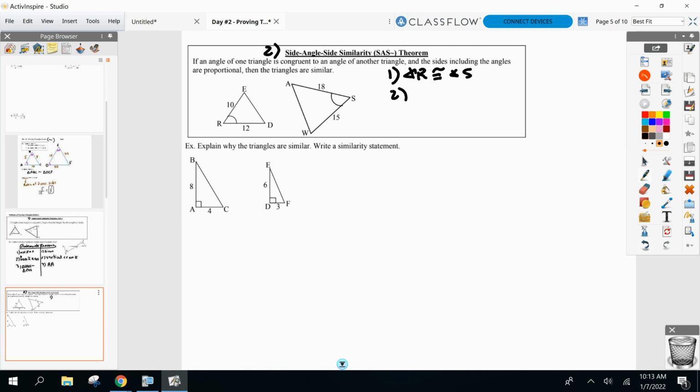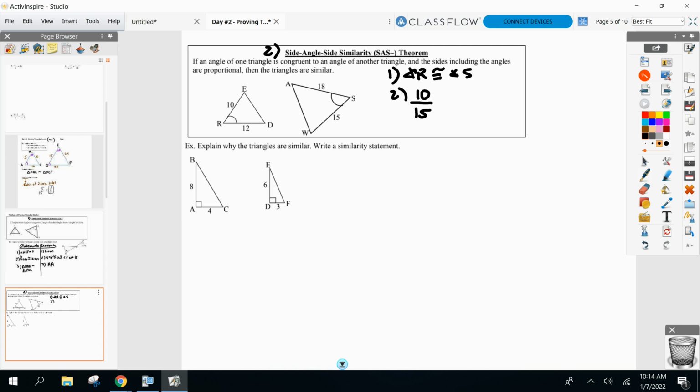But here's the thing. The sides around it aren't congruent. They should be in the same ratio. All right, the sides around won't be congruent. They're in the same ratio. Here's what I mean. Everyone see the 10 in the red triangle? 10 would match up with the 15 in the other side. So that creates a ratio of 10 over 15.